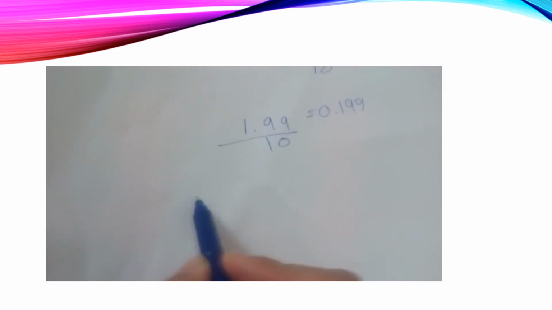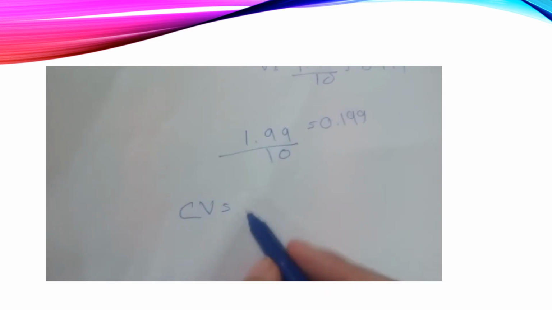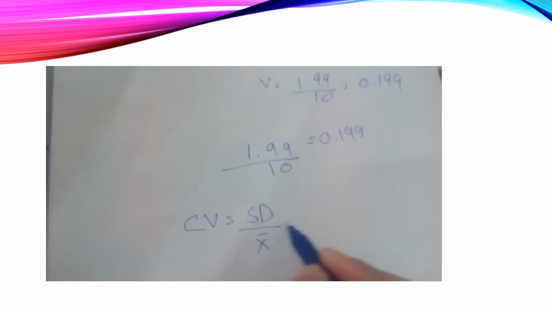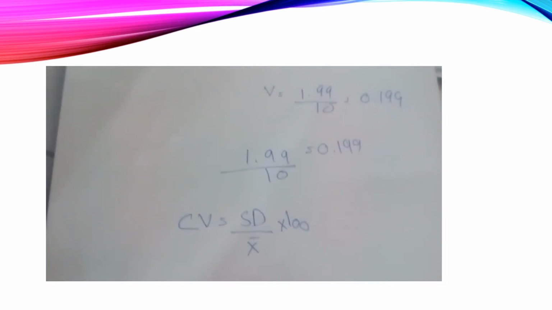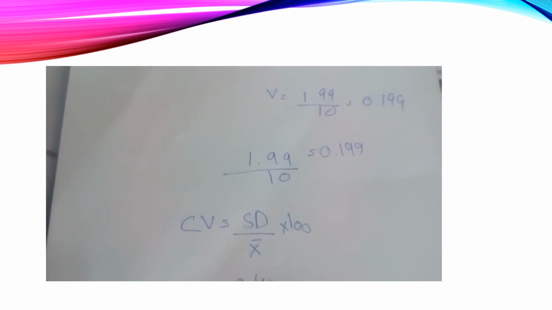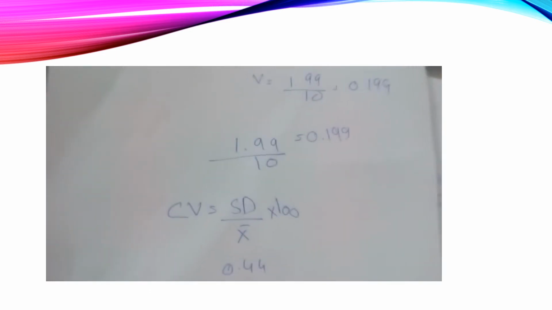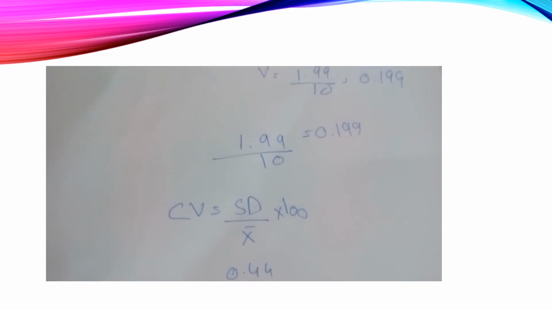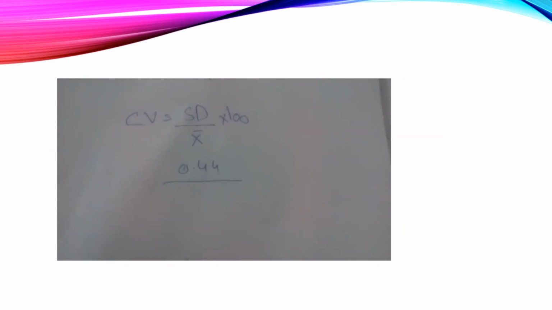To calculate the coefficient of variation, this is the formula: standard deviation divided by mean multiplied by 100. The standard deviation is 0.44 and the mean is 3.85, multiplied by 100.